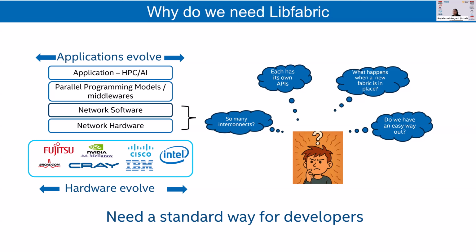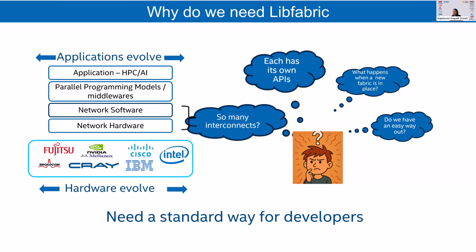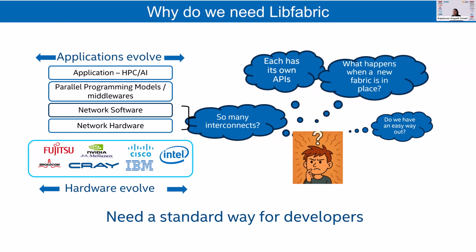So what are the developers dealing with when they want to program to these types of fabrics? We have fabric solutions with Ethernet, InfiniBand. They are provided by various vendors like Intel, NVIDIA, Cray, Cisco, etc. The developers are overwhelmed with so many varieties of hardware to program for, and at the same time, cater to the needs of the applications. There are so many interconnects, so many APIs from each one of them.